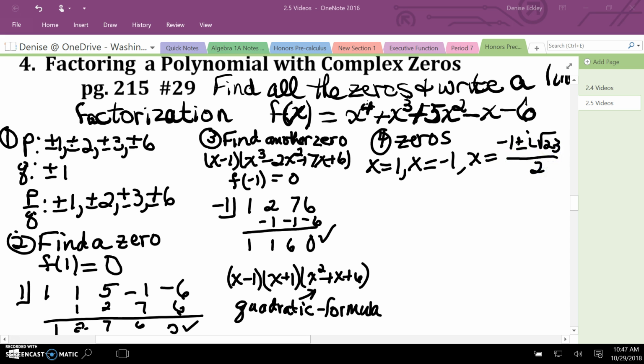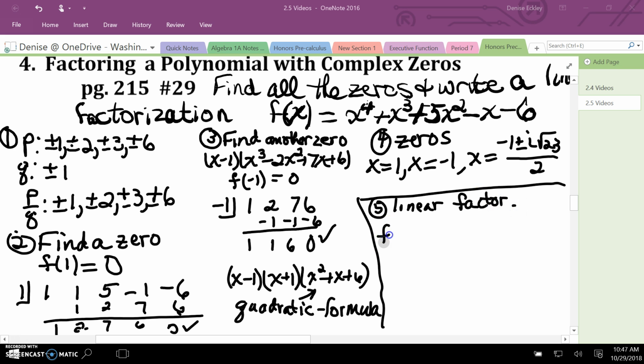So my final step is then to write the linear factorization. I apologize, it's getting crowded in here. Okay, so f of x is going to be my x minus 1, my x plus 1.